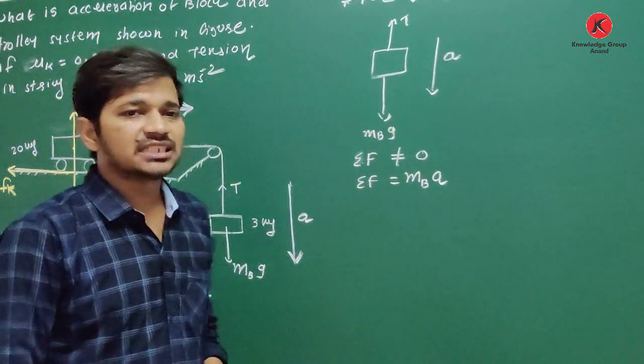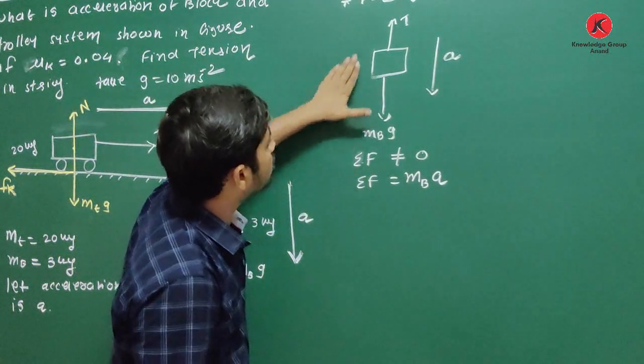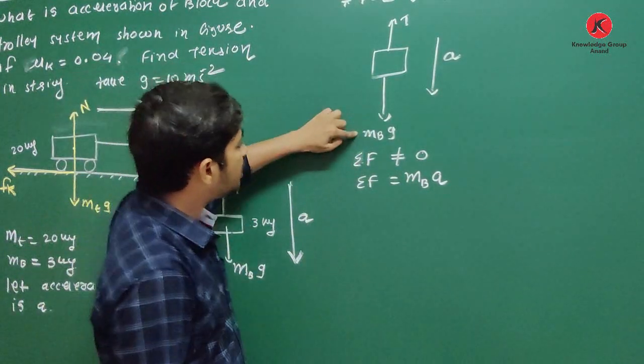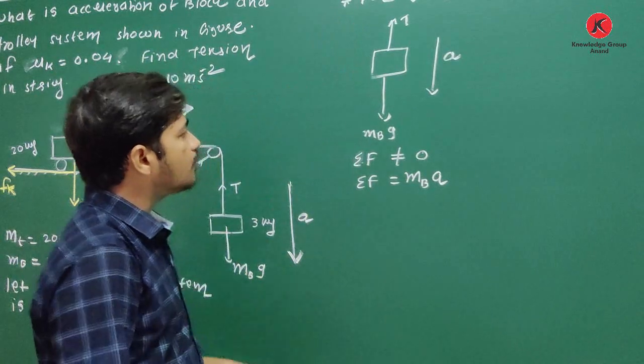Now sigma F means forces acting on the block. Two forces are acting on the block, mBg in downward direction and T in upward direction.